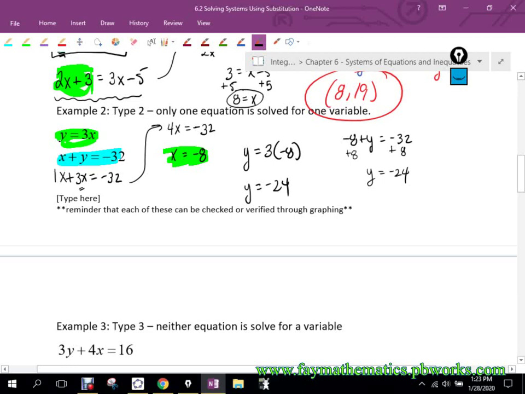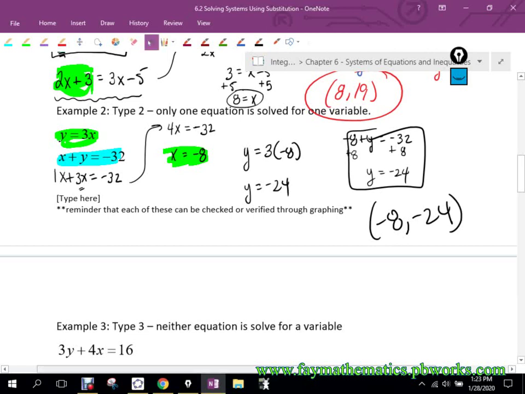Negative 24. Okay. You don't have to do both, but I think substituting back into both will confirm that you've done your work right. You get the same answer both times. My answer now is negative 8. Negative 8 was the x. y was negative 24. Does that make sense?